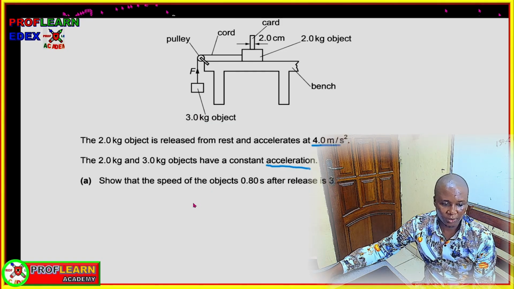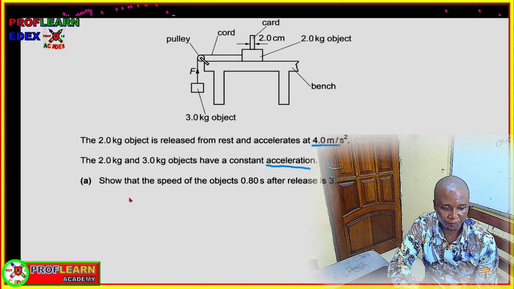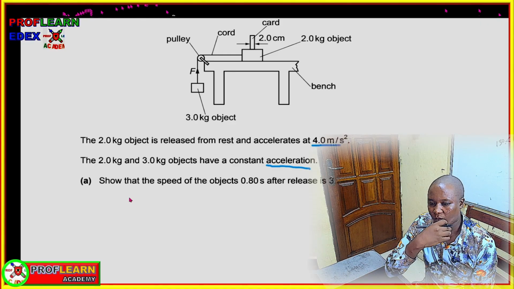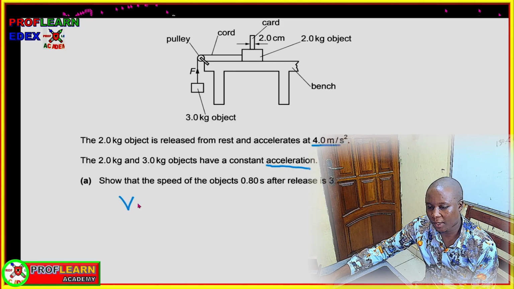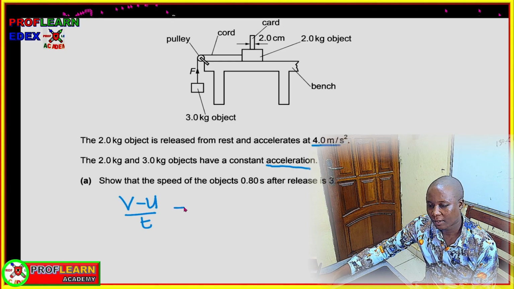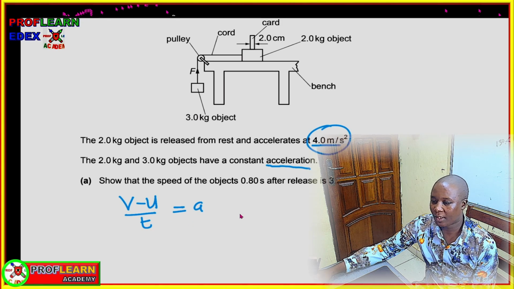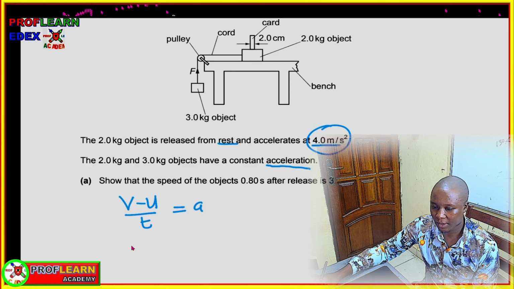So at this point, we need to remember that v minus u over t is equal to acceleration, because we have this as acceleration and it was released from rest.